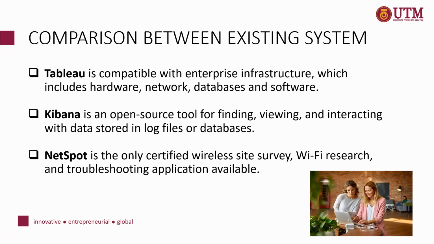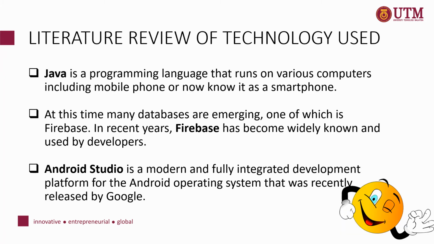Next is Kibana. Kibana is an open source tool for finding, reviewing, and interacting with data stored in a log file or database. Kibana is a data visualization tool that can perform advanced data analysis and display data in a variety of charts, tables, and maps.